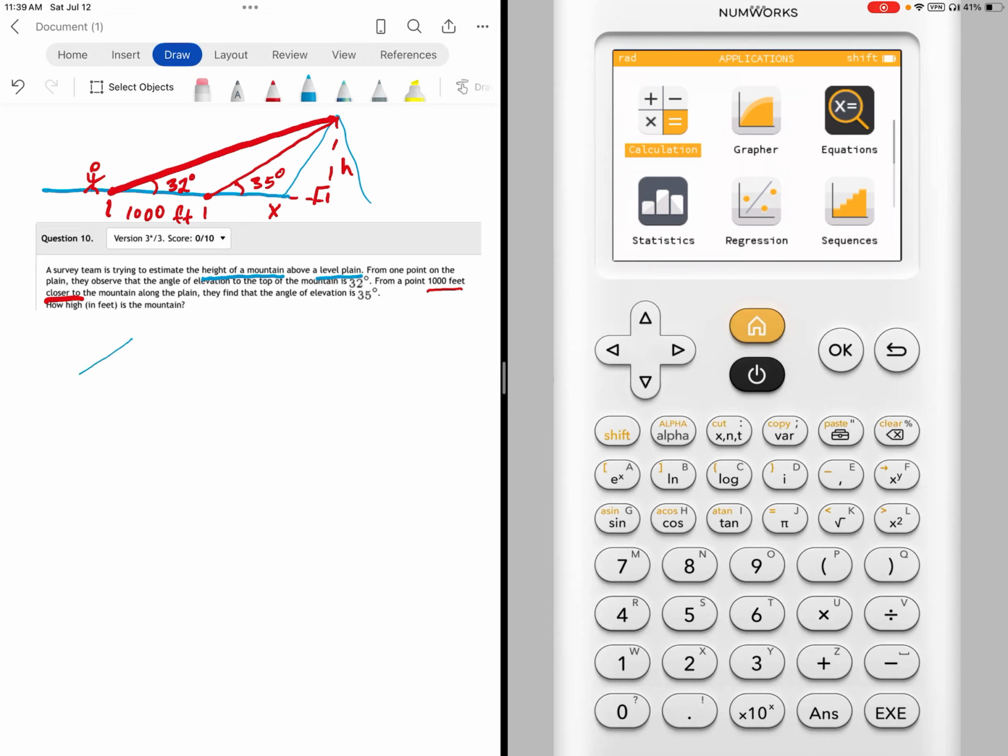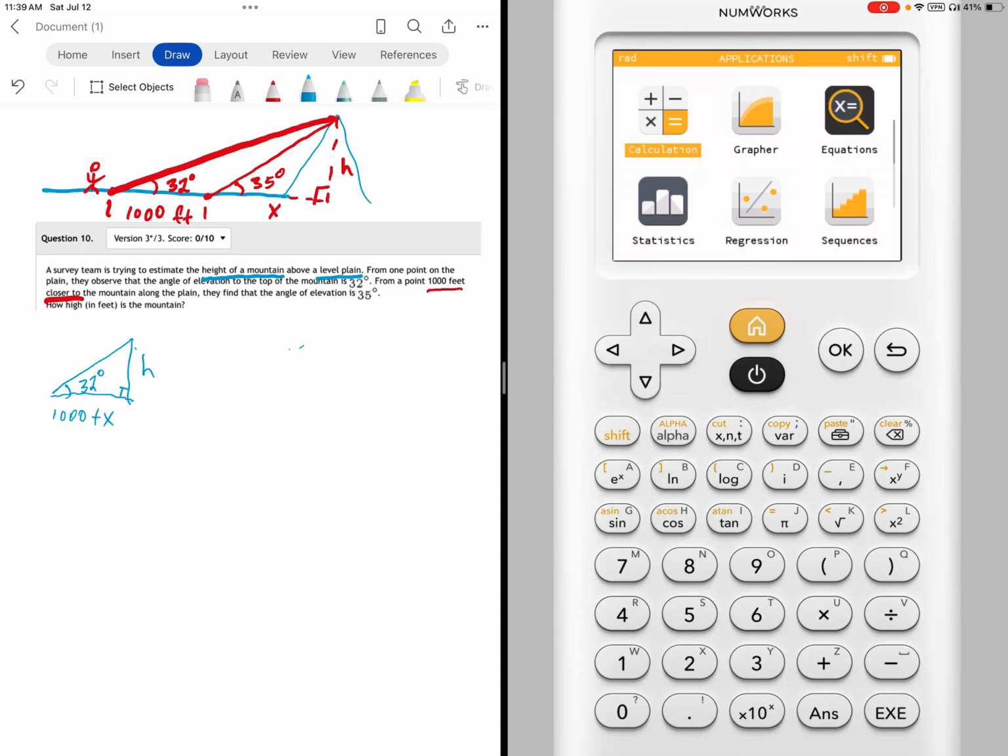We've got this one triangle, the 32-degree angle. We know the height is h, and the length of the base is going to be 1,000 feet plus x, because it goes all the way from the survey team to the center of the mountain.